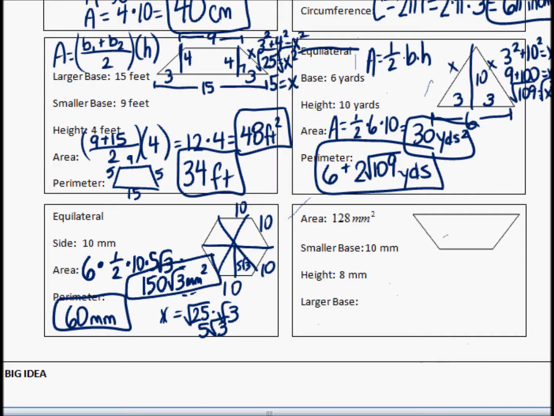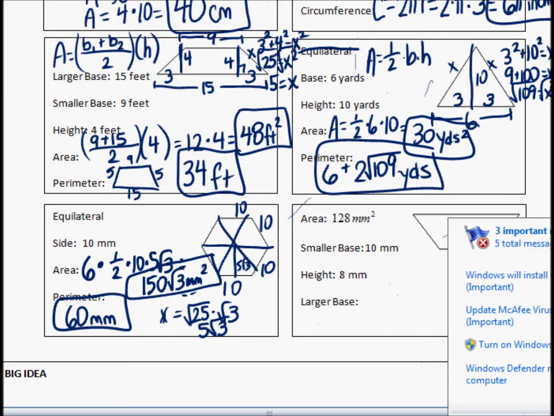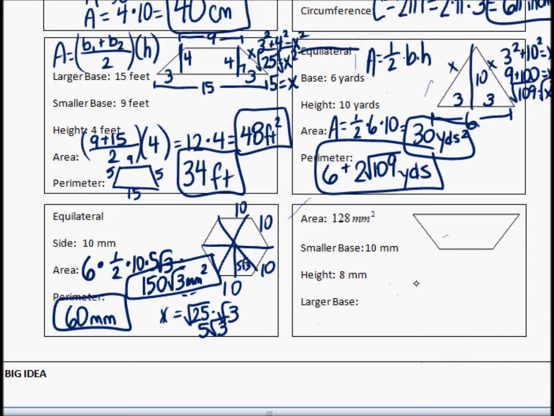Our final problem is another trapezoid problem, which we've already looked at before, but this one's a little bit different because this time we gave you the area, and what we're asking for is how long the larger base must be. So we have a height of 8 millimeters. The smaller base is 10 millimeters, and I'm going to call the larger base x.